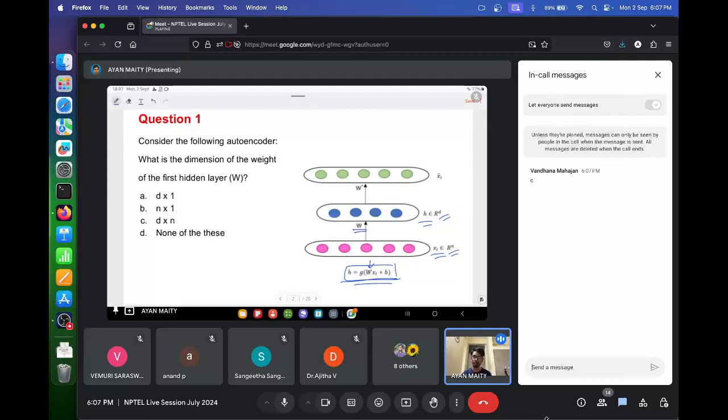Vandana Mahajan says option C. Okay. Vandana says option B. Anyone else?